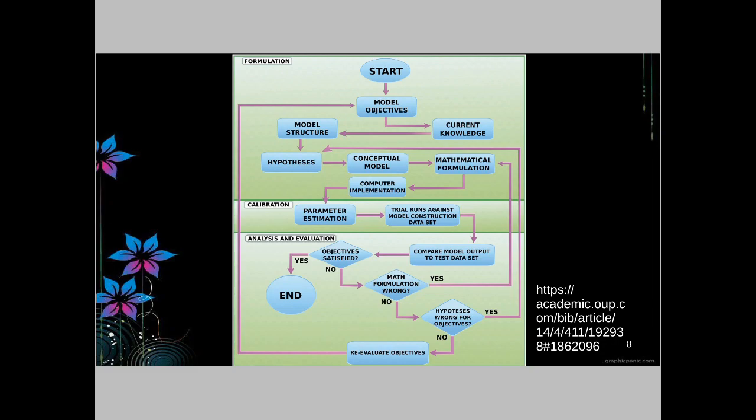So you create trial runs after parameter estimations. You create trial runs against a model construction data set, and then you compare the model output to the test data set. So does it follow? Are your objectives satisfied? Do your models reflect reality? If it's yes, that's good. So your job is done.